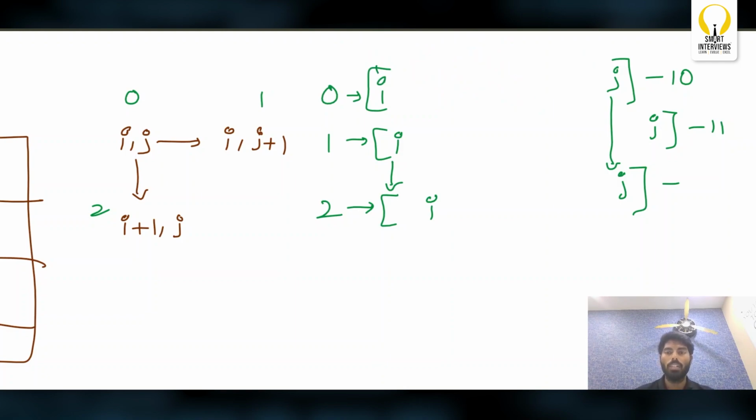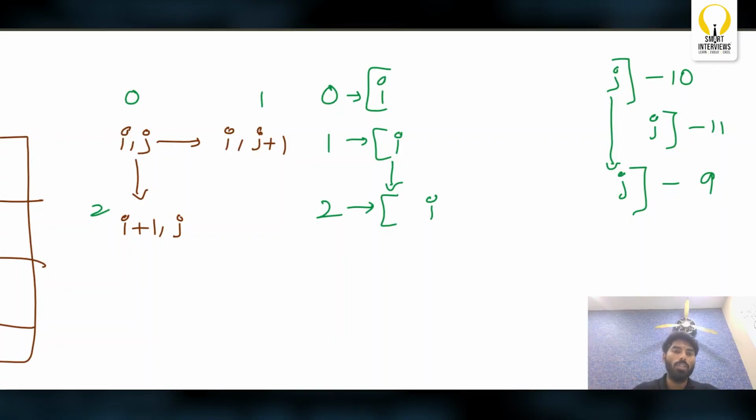If i comma j are having 10 elements, then if you choose to traverse to the right side, it becomes 11 elements. And if you choose to traverse to the bottom side, the number of elements is reduced by 1. 10 minus 1 is nothing but 9.